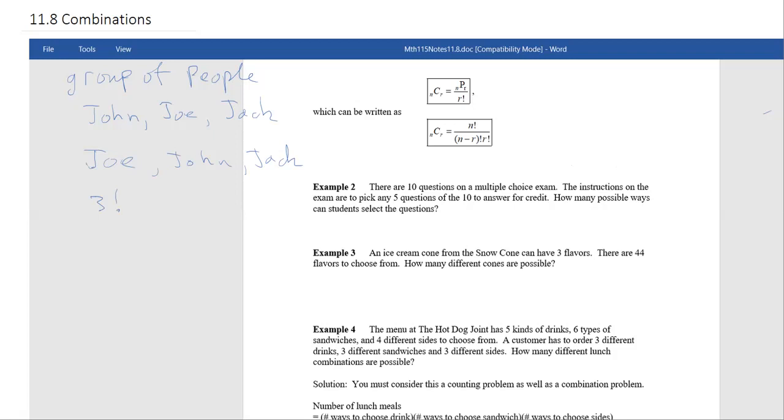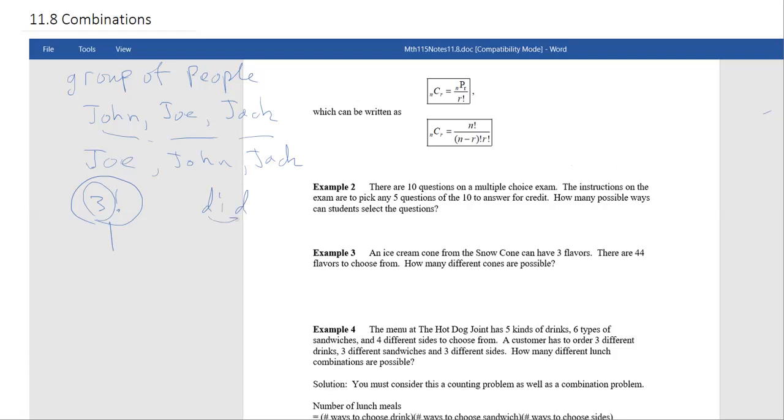So the idea is that we're going to take a permutation, and since order does not count, I have to divide out the 3 factorial, because that's how many different ways you can arrange them, but all arrangements are the same.